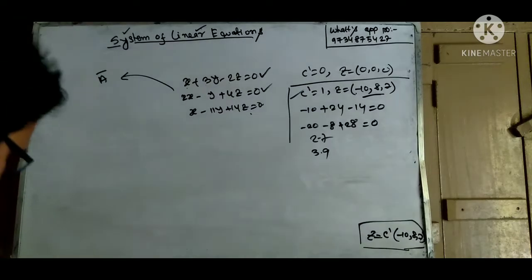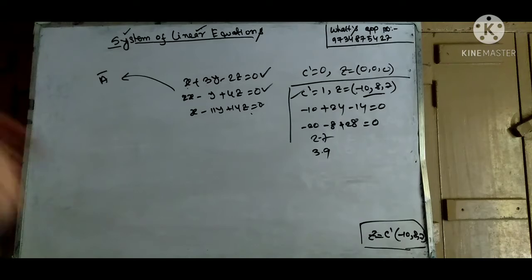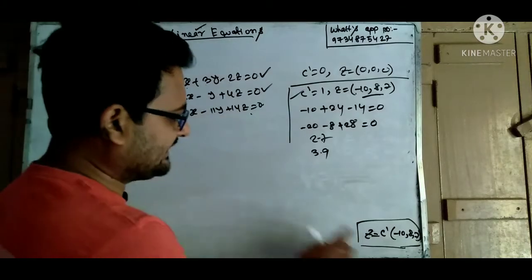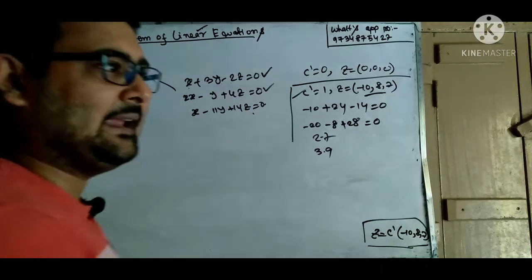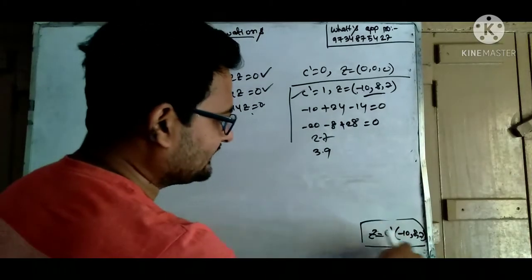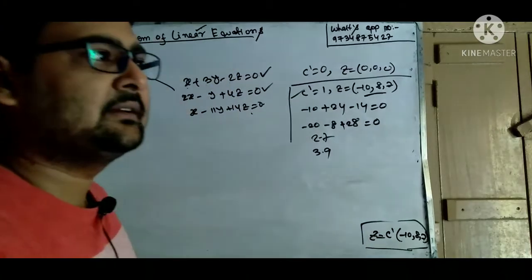Now, how many solutions of this system of linear equations will exist? The value of C dash can be any real number. So the number of solutions becomes infinite. What will be the value of C dash? Any real number.